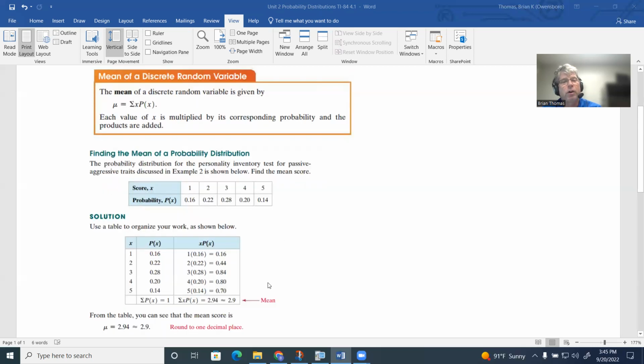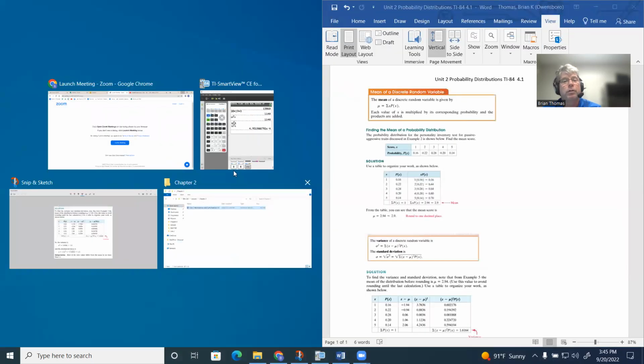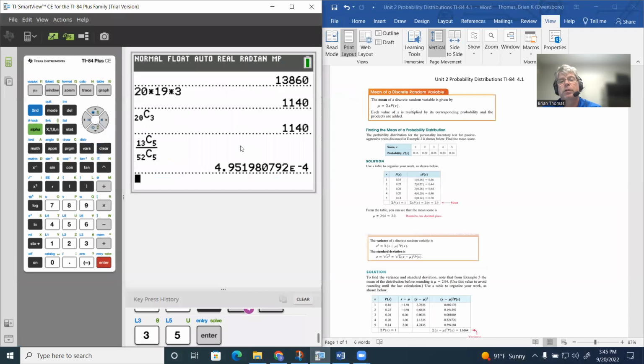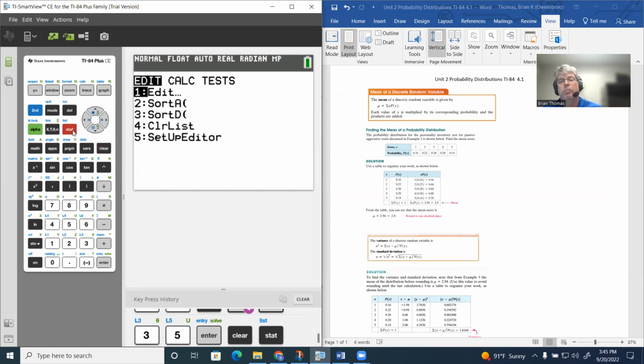Now, instead of doing all that by hand, we can do this using a calculator. Remember, under statistics is where we can put tables in.